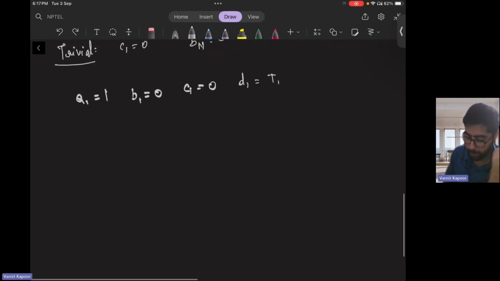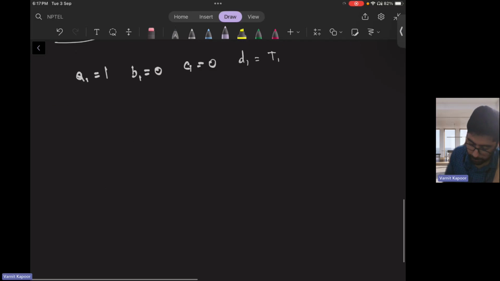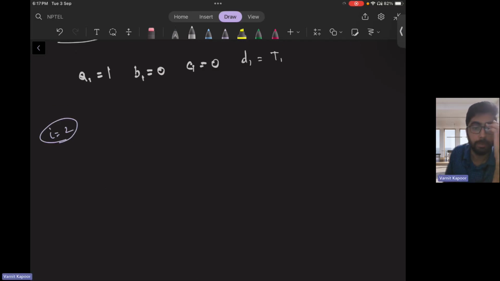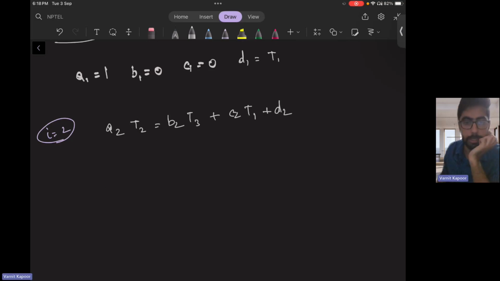Now for node 2, the previous one was i equal to 1. Now suppose i is equal to 2. That means the equation will be A2 T2 equal to B2 T3, the east node, plus C2 T1 plus D2. Now here, T2 is also unknown and T3 is also unknown.